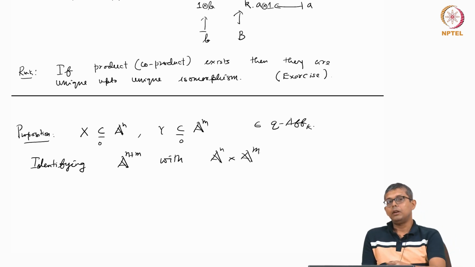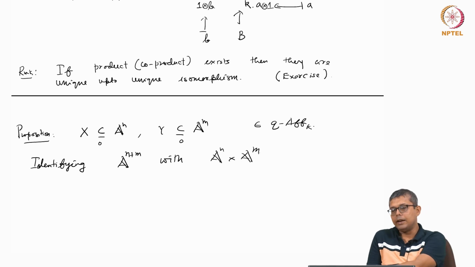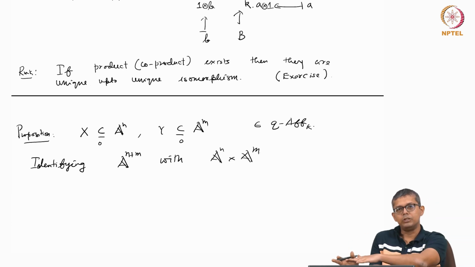So what does it mean? A^n cross A^m has a topology, the product topology, but I don't want that. That topology is too weak for me. But I can identify, as a set, A^n cross A^m with A^(n+m), and once you identify two sets, and if one has a topology, then you can induce the topology on the other set. That's what I want.